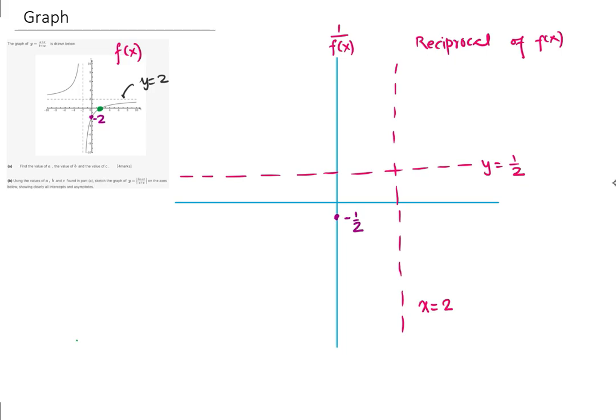The vertical asymptote, which was earlier at x equals minus 2, will now become a 0 at minus 2. Make sense? You get the idea? So we have the critical points. Connecting these critical points, we get our graph.